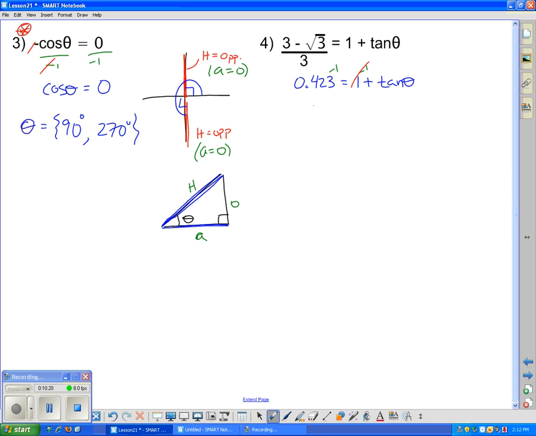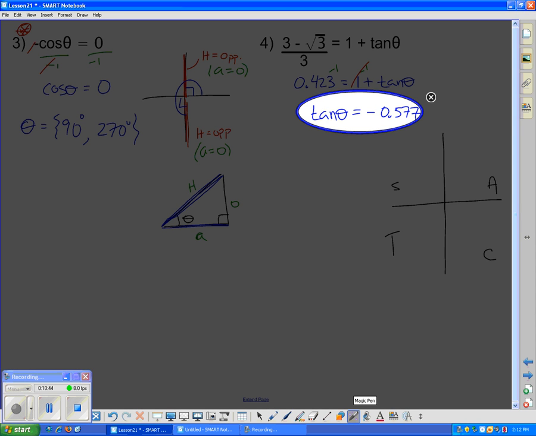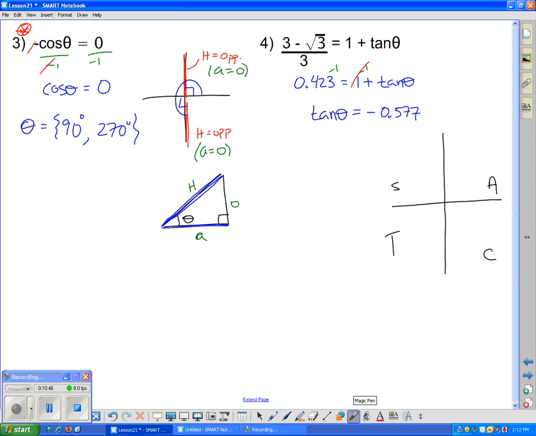So that tells me that tan theta is equal to negative 0.577. The next step is to draw your CAST rule. Where will my answers be? This time, tan is negative. So in what quadrants is tan positive?